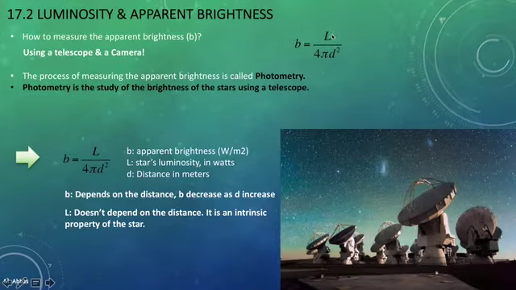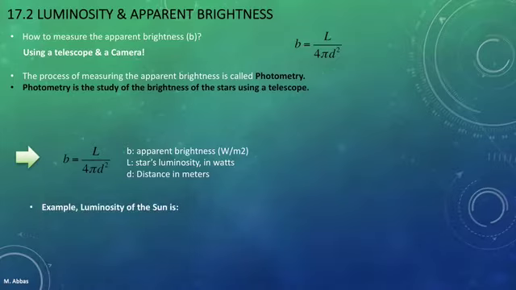Okay, and it's not easy really to find the luminosity. You cannot find the real brightness of the object unless you find the apparent brightness and the distance for it. Again, apparent brightness you can find with the telescope. Distance you need to find by parallax or other methods that we haven't really discussed.